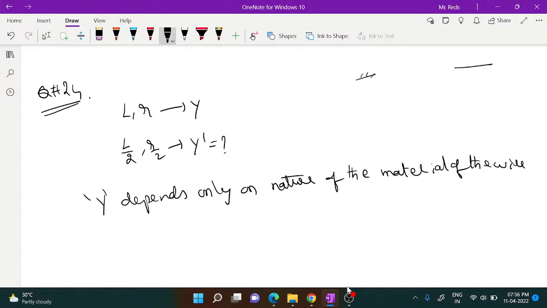If you have a wire made of copper with length L and radius R, and the same copper wire having length L by 2 and radius R by 2, then it will not change.